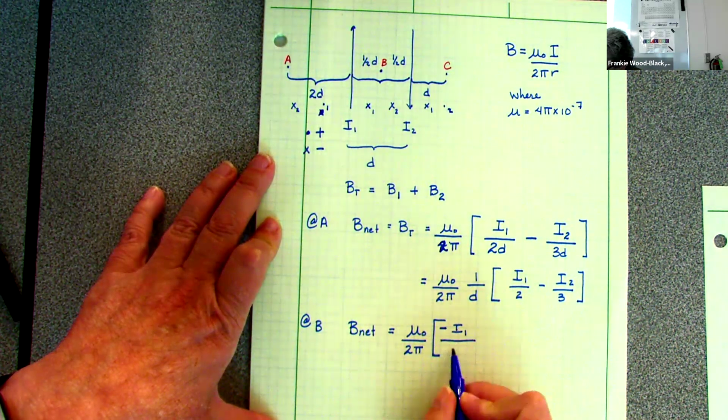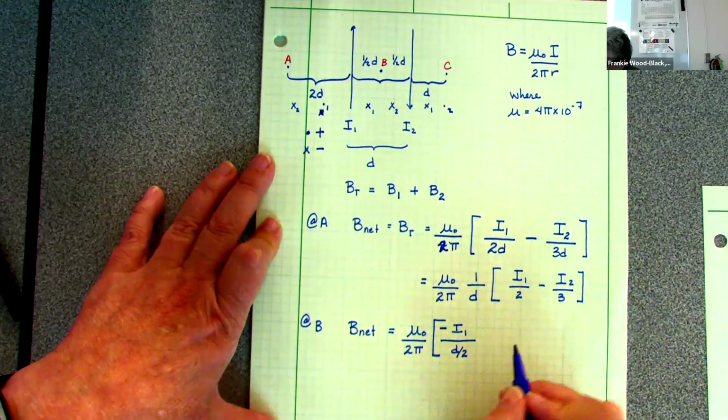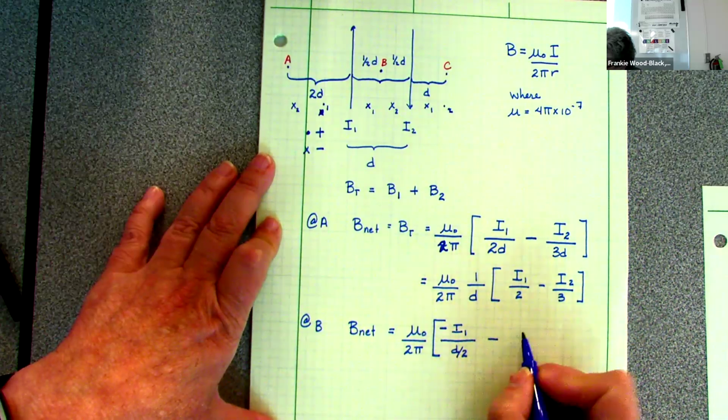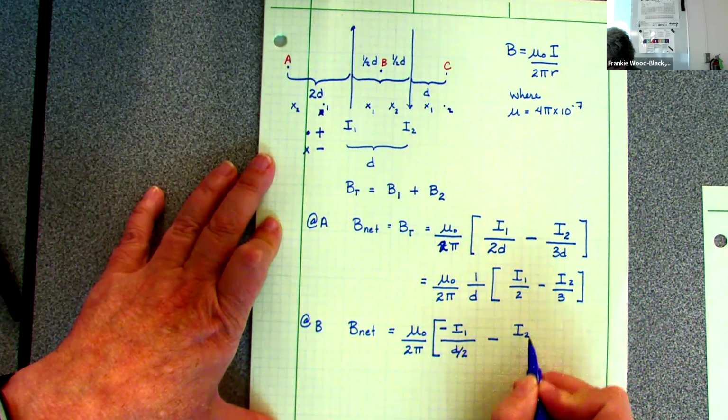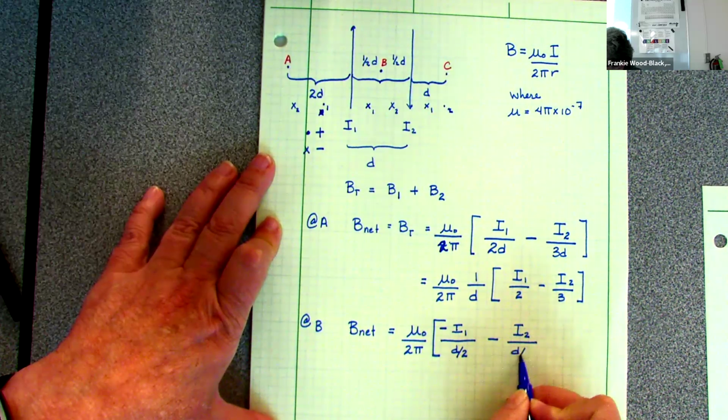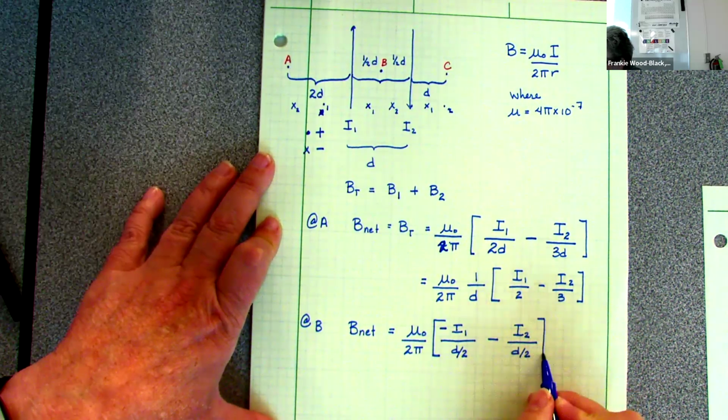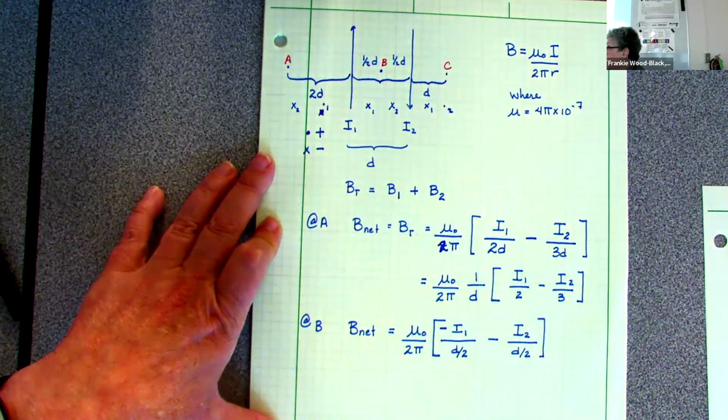And I'm at d over 2. For the second one, I've got I2 over d over 2, and it's also into the page. So that's why it's got its negative.